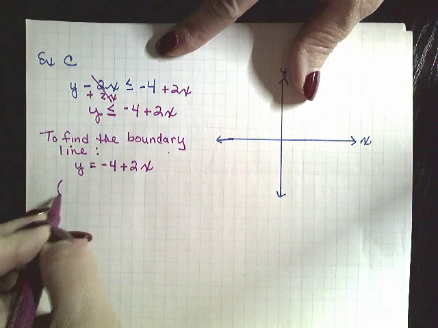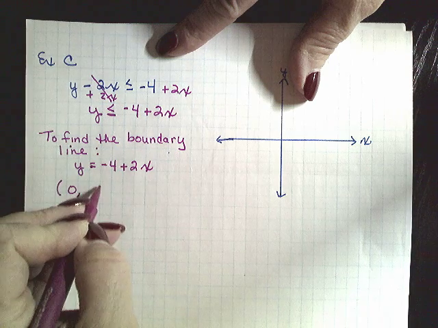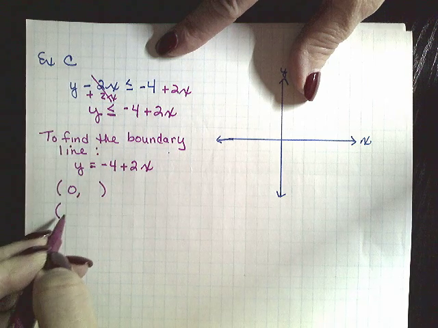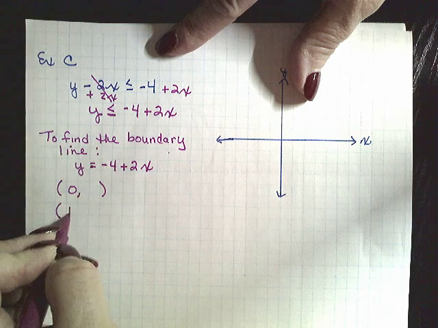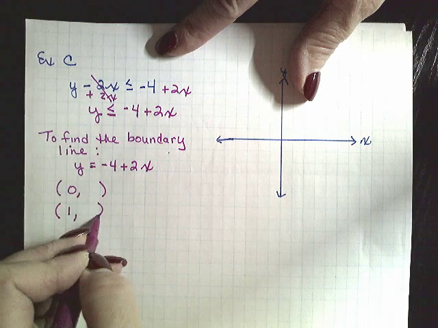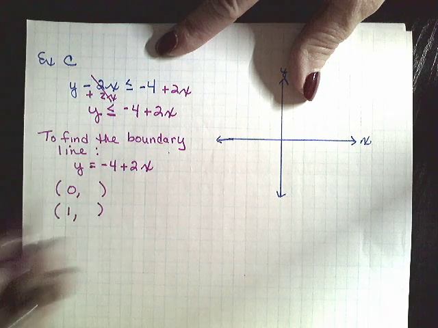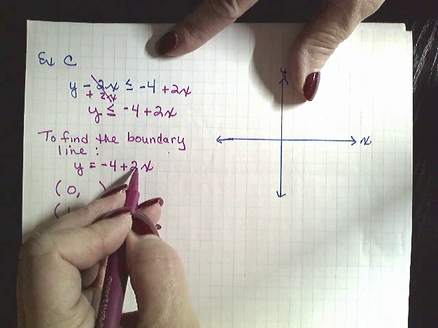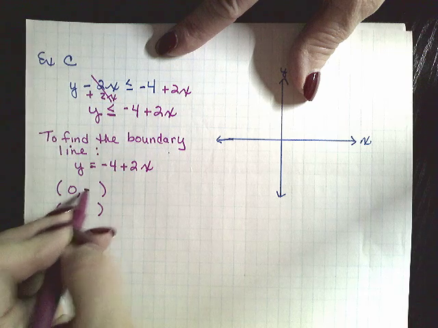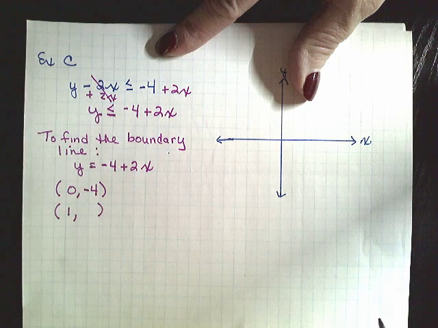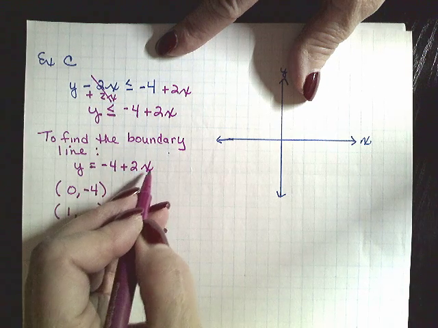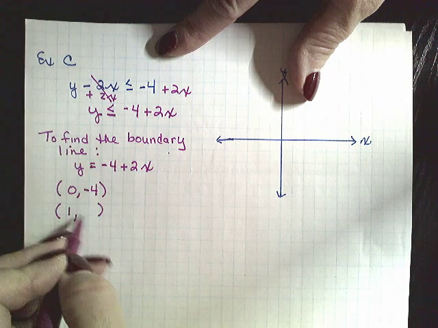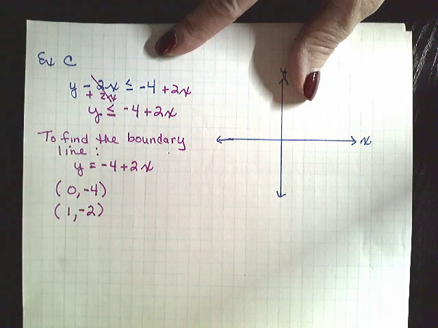I'm going to say let's make x 0 because it's always the easiest to do. And then let's make x 1. We only need 2 points to graph a line. So if x is 0, 2 times 0 is 0, plus -4 is -4. 2 times 1 is 2. 2 plus -4 is -2.